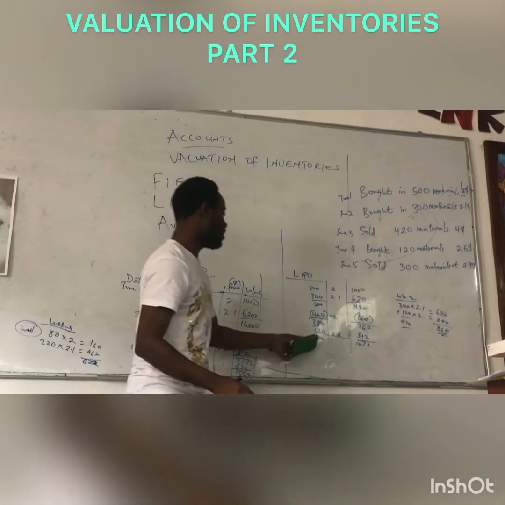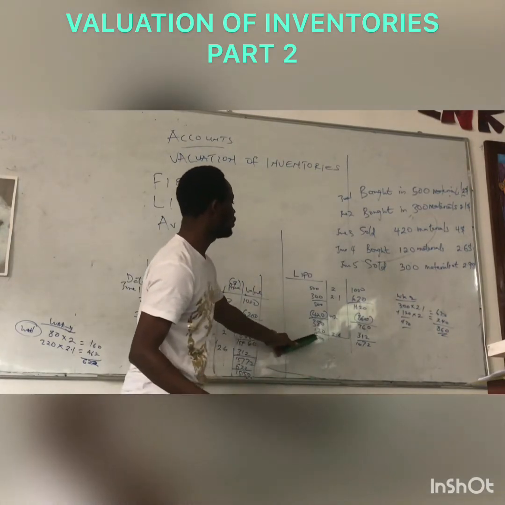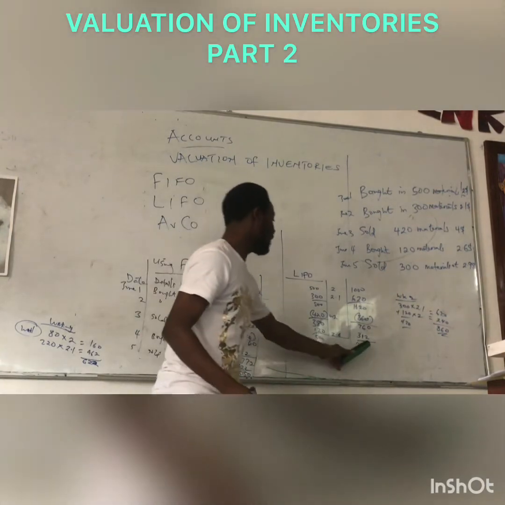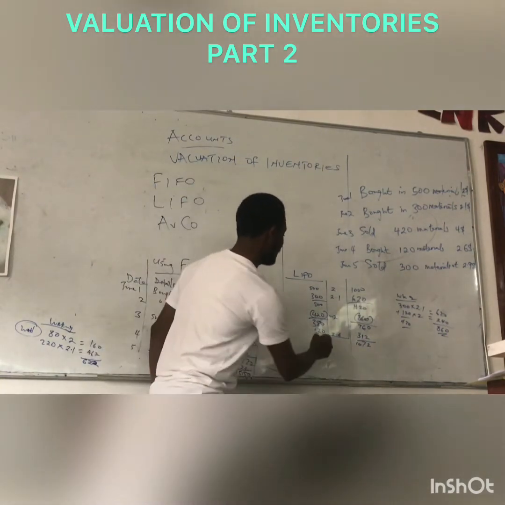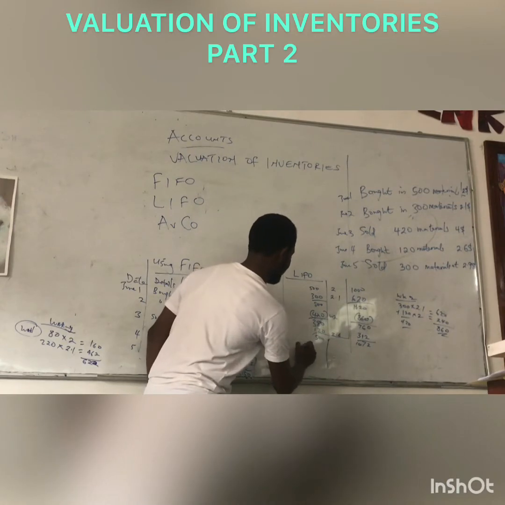So that means the value of inventory on June 4 is 1,072.